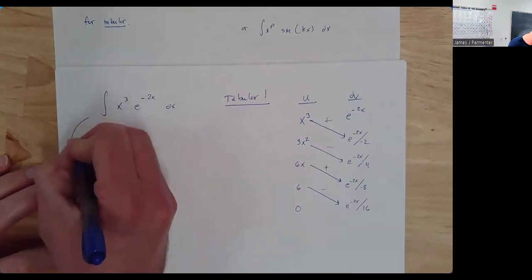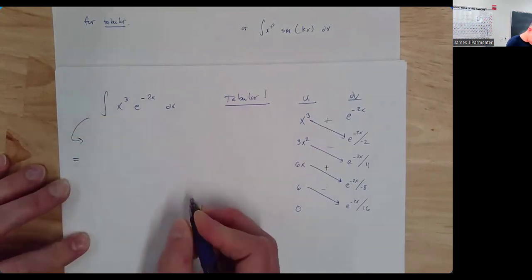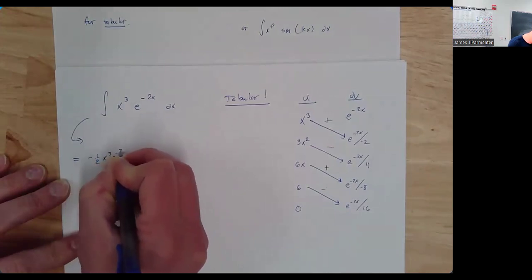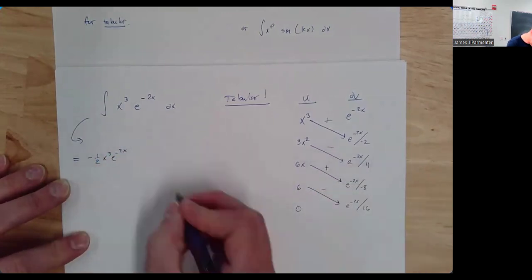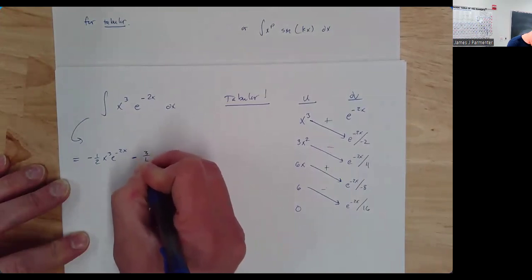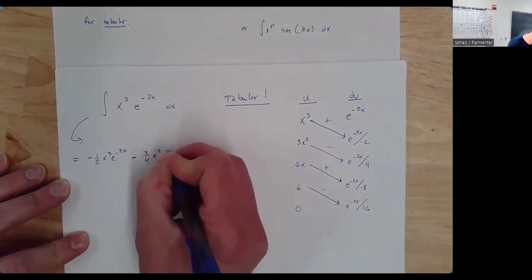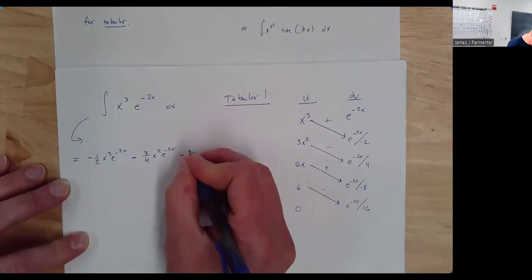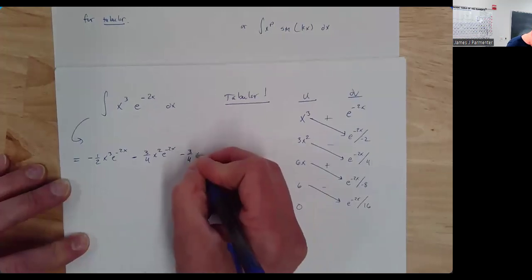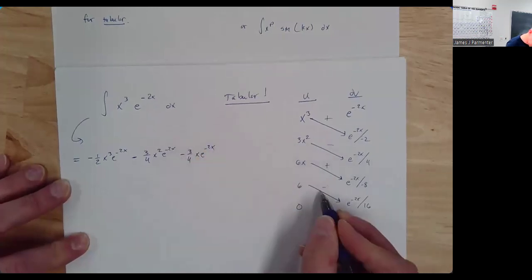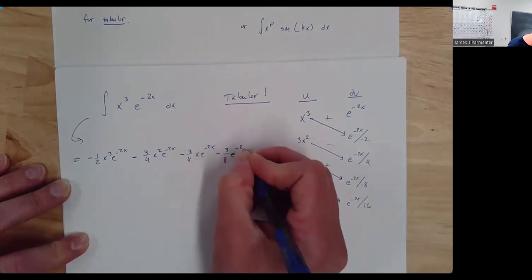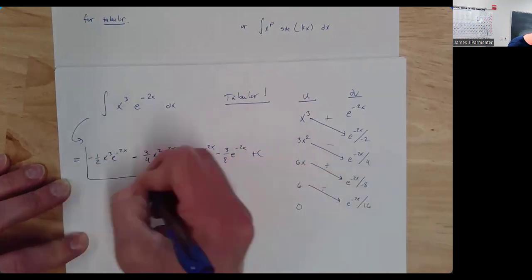I'd say this is equal to negative 1/2 x cubed e to the negative 2x minus 3/4 x squared e to the negative 2x minus 6/8 is 3/4 x e to the negative 2x minus 6/16 is 3/8 e to the negative 2x plus c.